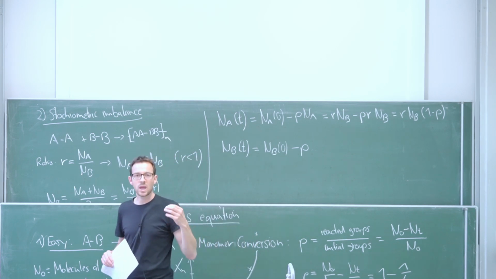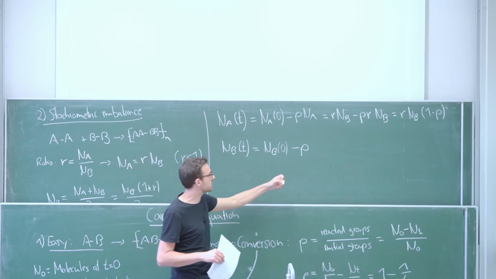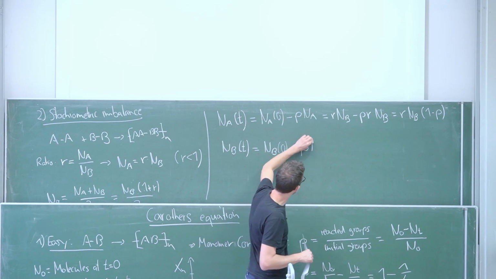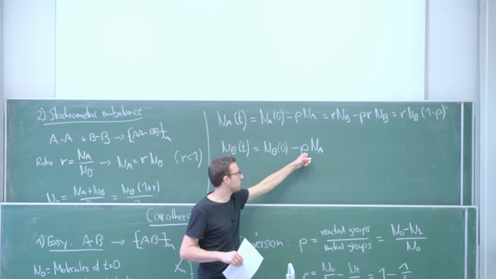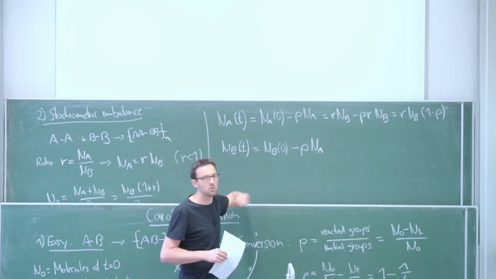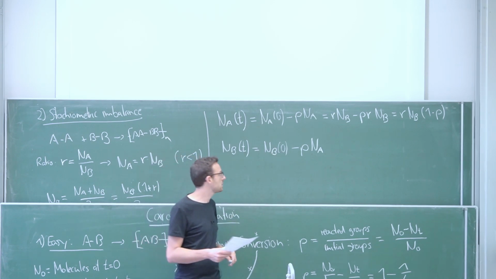But since B always reacts with an A, and this P is the conversion of A molecules, we need to be careful. The conversion is defined as the conversion of A, but it doesn't matter because A can only react with B, so this will also be the number of groups B that are lost.